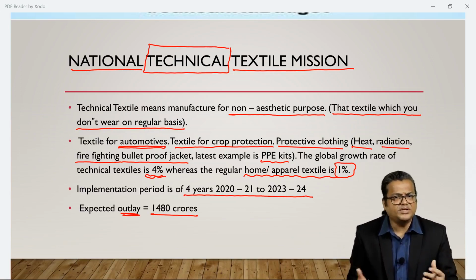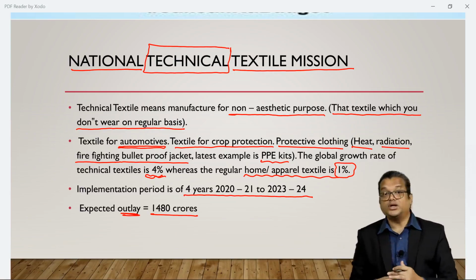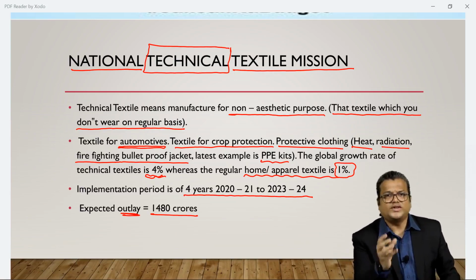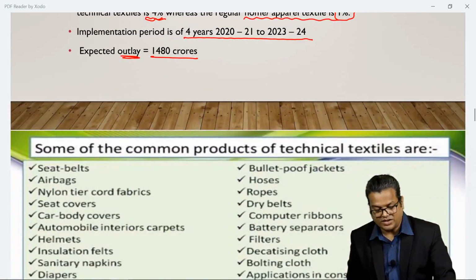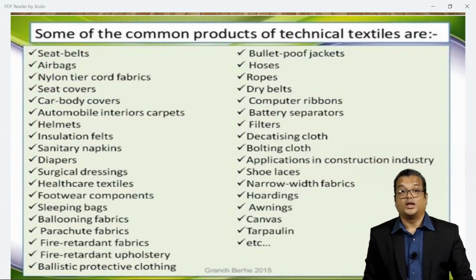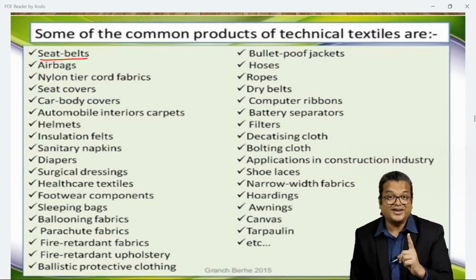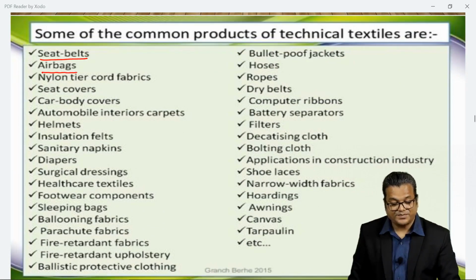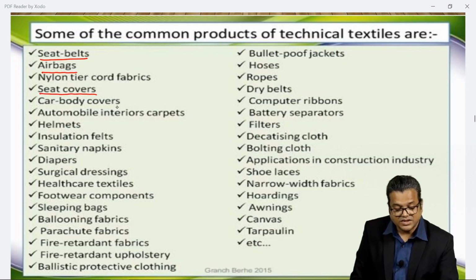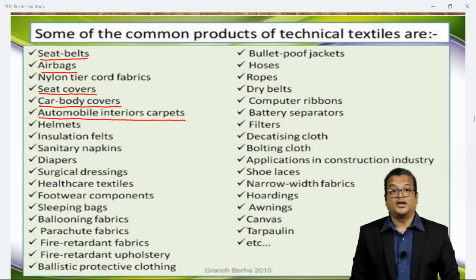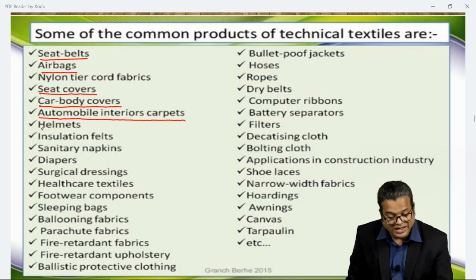Right, friends? So it's a huge thing which comes under technical textile, which we need to know. Let's have a few examples. We have already marked a few examples over here, but there is a long list. Automotive: seat belts, airbags, seat covers, car body covers, automobile interior carpets, for that matter even helmets.